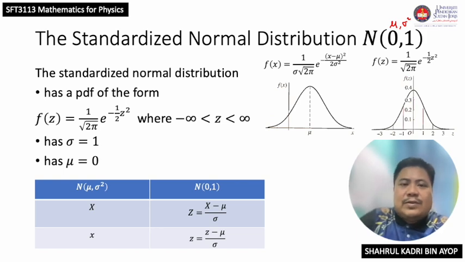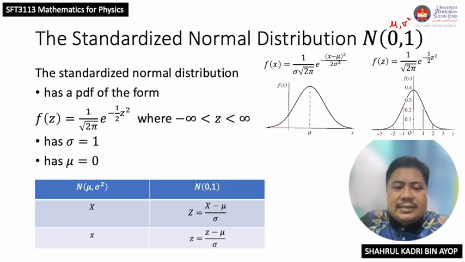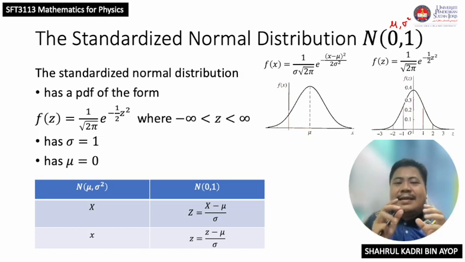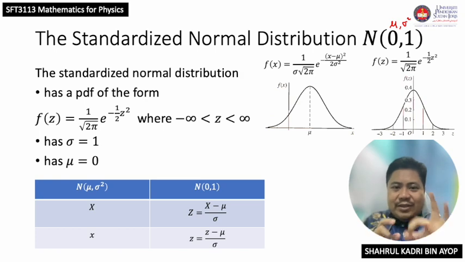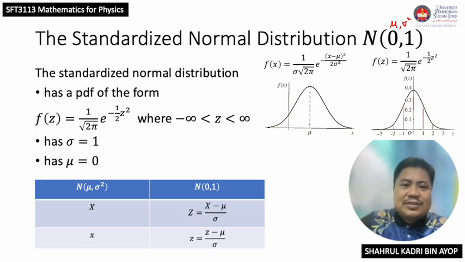So the standardized normal distribution is a special type of normal distribution where it has a mean of 0 and the variance and standard deviation equal to 1. This is called the standard normal distribution.